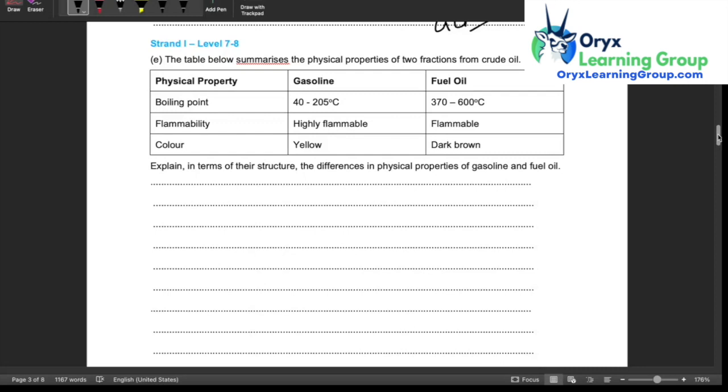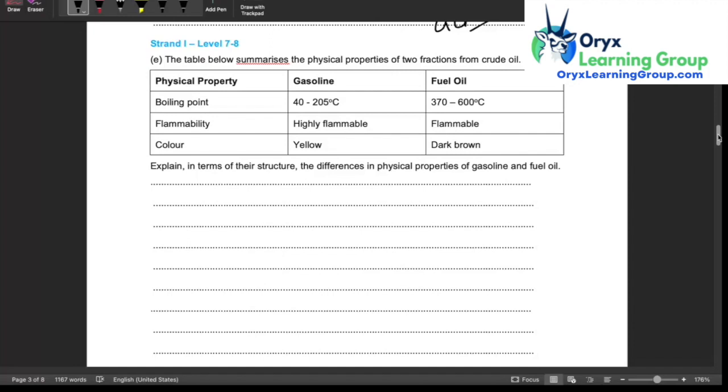And we can see that they have different colors because gasoline is yellow while fuel oil is dark brown. Correct. Okay. And it can be assumed that fuel oil is more viscous and less volatile, and it has a longer chain. Yes.